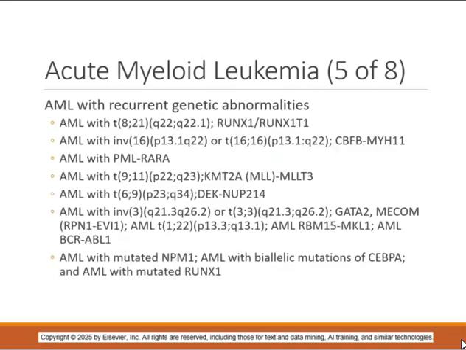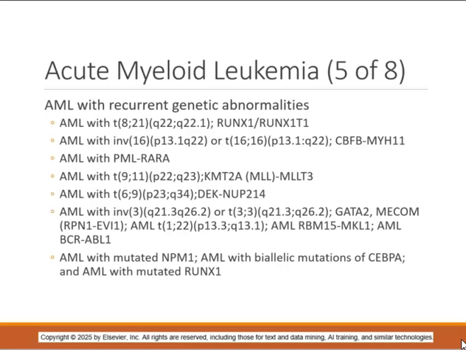So this is the WHO, and we're going to be covering both because you need to know both. These are the AMLs that we see with genetic abnormalities. You don't have to know the whole spiel of it, but you have to be able to recognize it. Like AML with translocation 8;21, that's probably a good 10% of the cases that we see. AML with inversion 16, AML with PML, which is promyelocytic leukemia with RA, which I'll explain later.